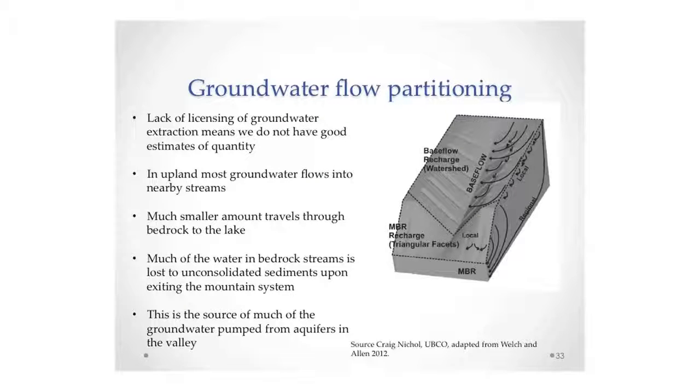At that point, much of that water can leave the stream, enter into the unconsolidated sediments, and feed the local aquifers that people then pump groundwater from. So even though they're pumping groundwater, the origin of that water may have been stream flow at higher elevation.